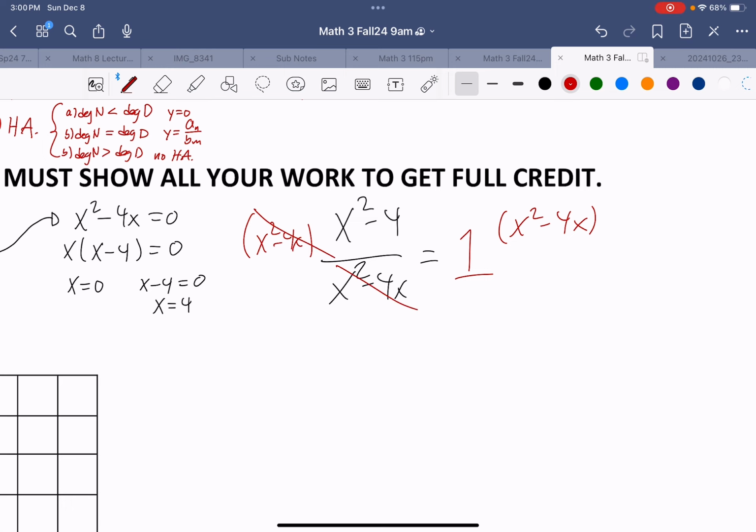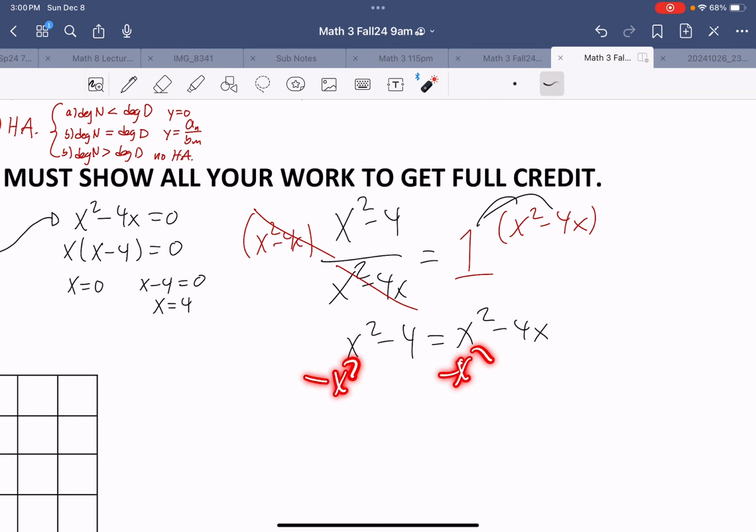That simplifies on the left, leaving me with x squared minus 4 equals, and when you distribute here, it's x squared minus 4x. Now, when you subtract this x squared from both sides, you can't tell if you're moving it from the left or to the right because they're both identical.